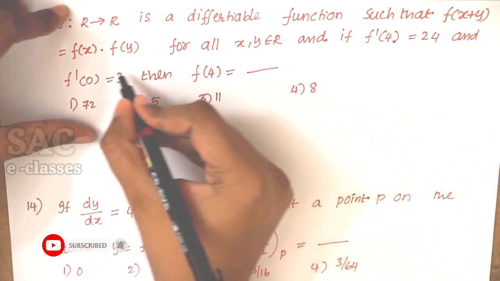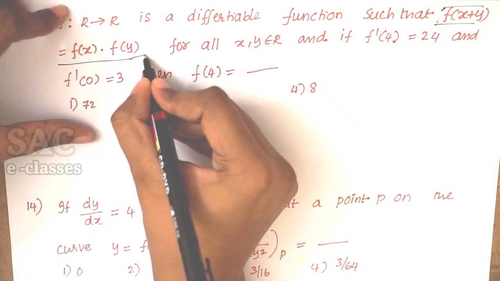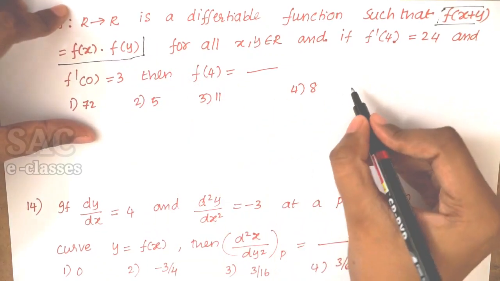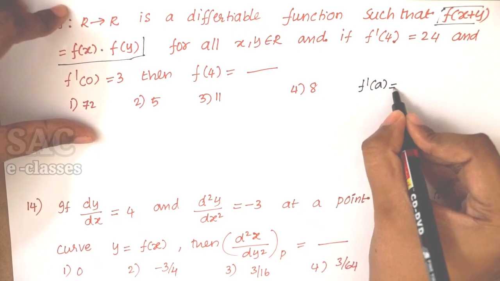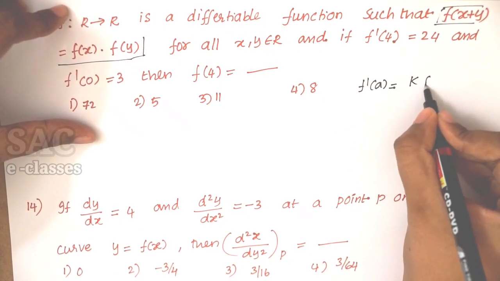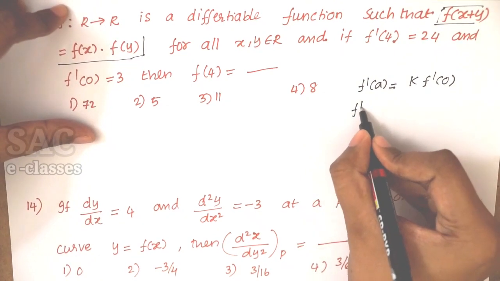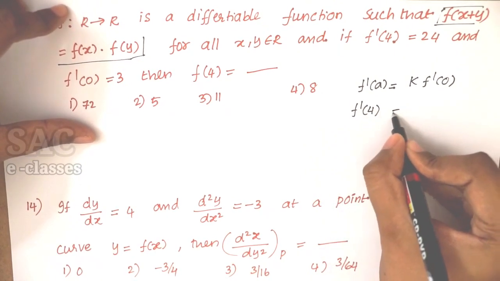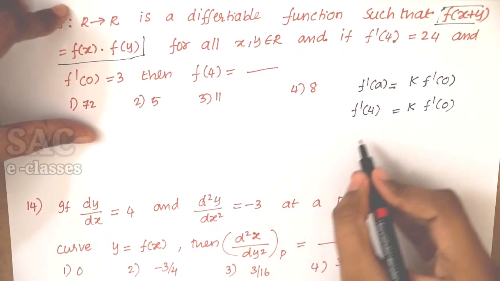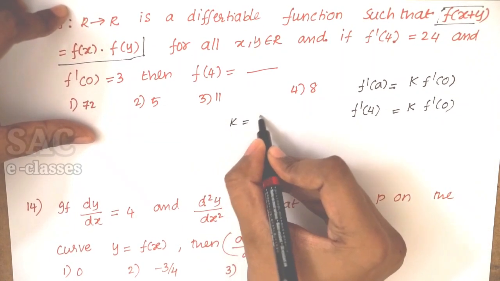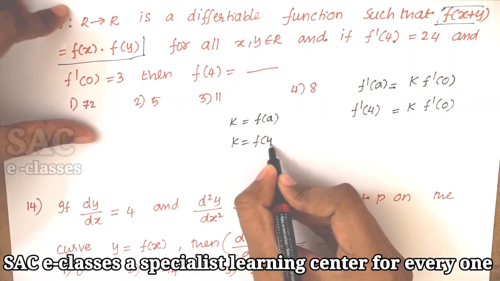We know that f of x plus y is equal to f of x into f of y. Definitely f dash of a is equal to k into f dash of 0. F dash of 4 is equal to k into f dash of 0. Then what is k here? It is f of a, so k equal to f of 4.